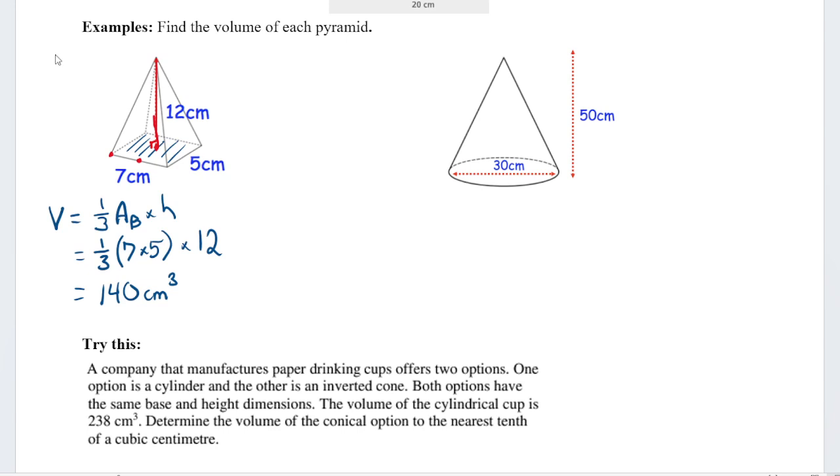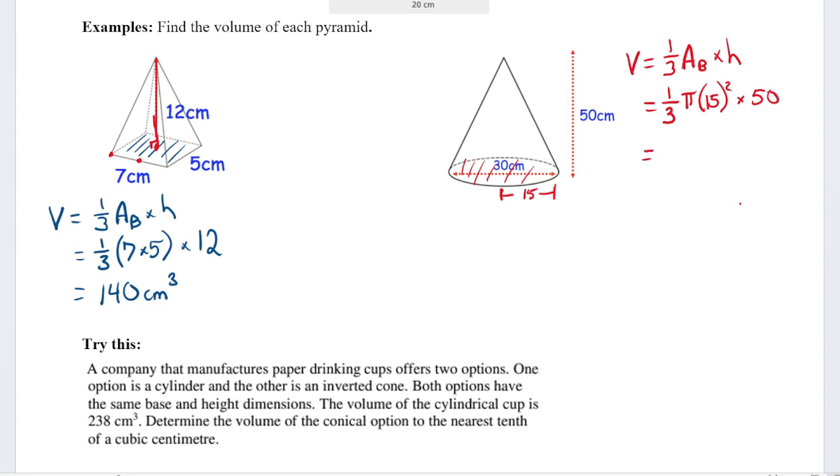Next one over. Here's our base, the circle, and then we've got a height. Again, this one gave us the diameter, so the radius is going to be 15. So volume is equal to 1/3 area of the base times height. The area of the base is pi r squared. Pi times 15 squared times the height, which is 50.